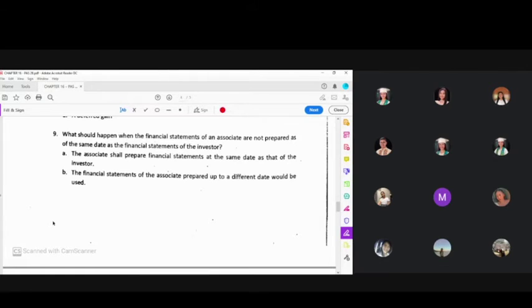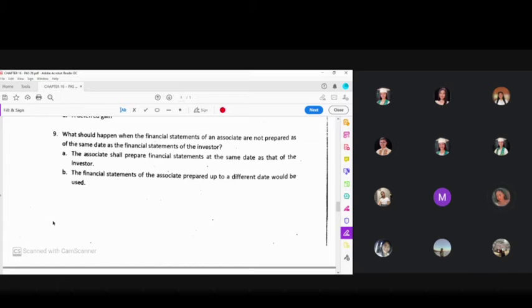There will be adjustments to the 500,000. So possible sources of the adjustments are the upstream and downstream transactions and the excess of the fair value over the book value. But again, that should not be a big concern for us right now. Just understand that there will be adjustments to the profit of the associate before you recognize your share in the profit. Number 9.